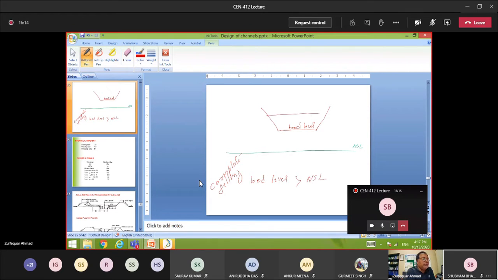Let us say your full supply depth is this, and this one is the water level, right? Now you have to see the other detailing part also. Since here you have the service road, and then you have to join with the NSL. Here also you have some banks, and then you have to join with the NSL.